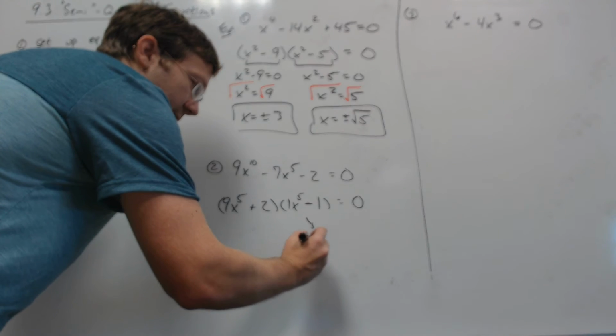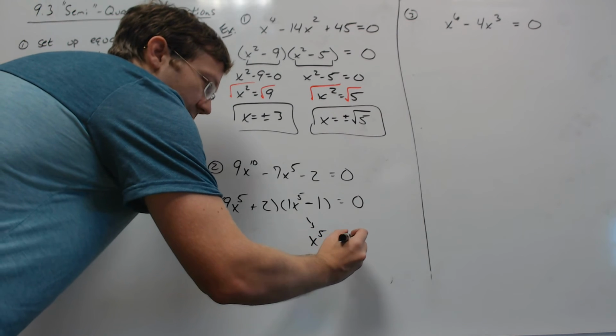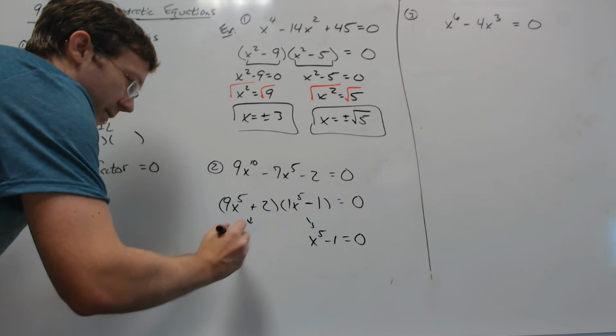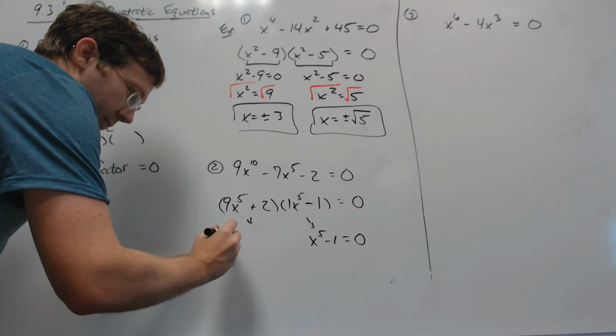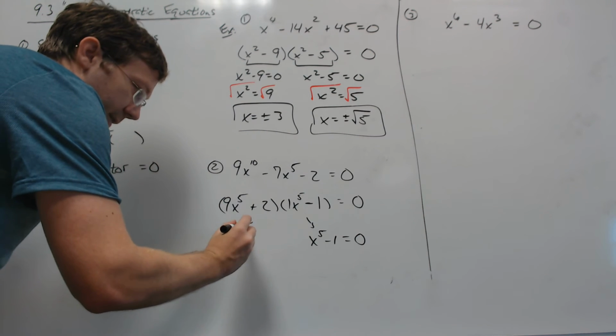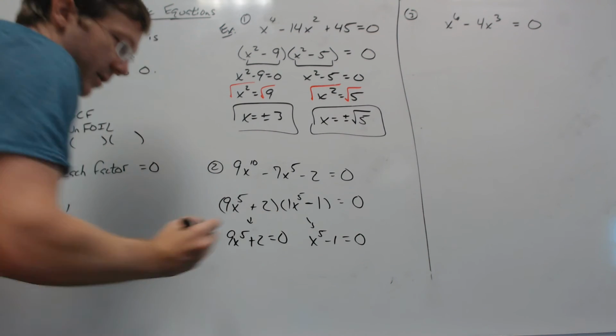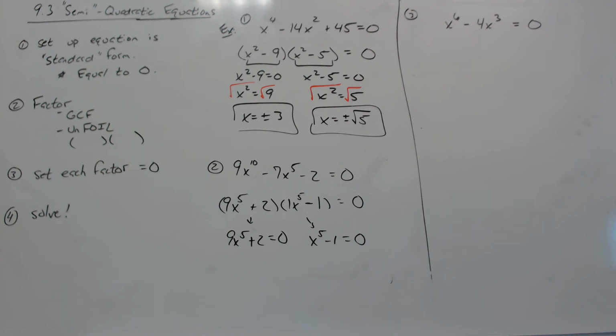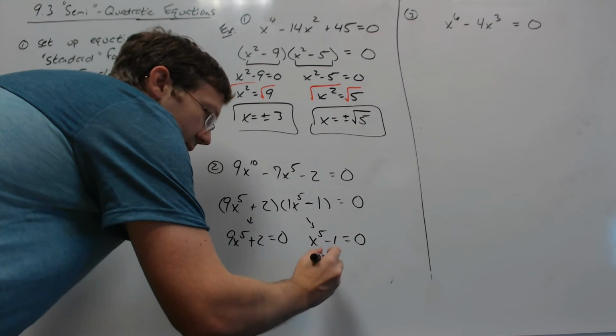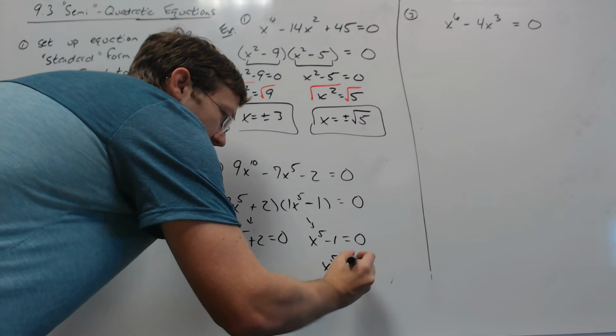We break it down. X to the 5th minus 1 equals 0. 9x to the 5th plus 2 equals 0, and then we solve each equation using our root properties. We can find all our answers. So x to the 5th equals 1.